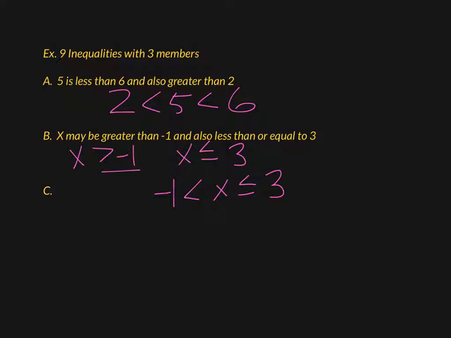Now, for example C, I want us to consider 2 inequalities. First one: x is less than or equal to negative 4, or x is greater than 2. Let's graph this really quick on a number line.